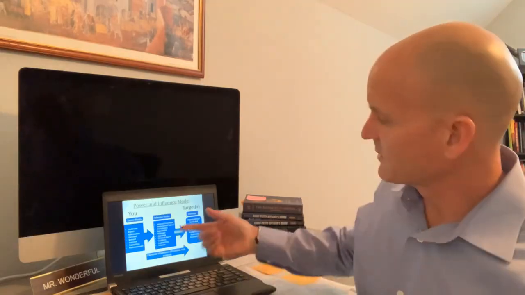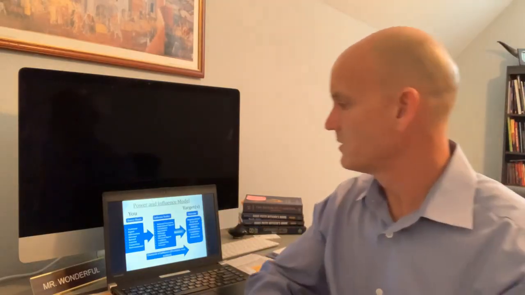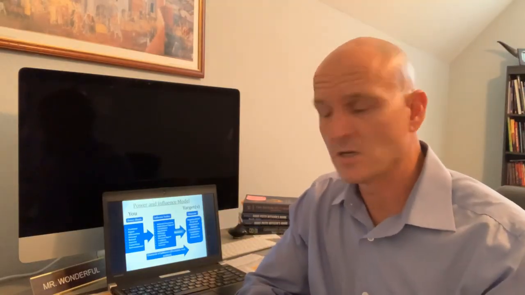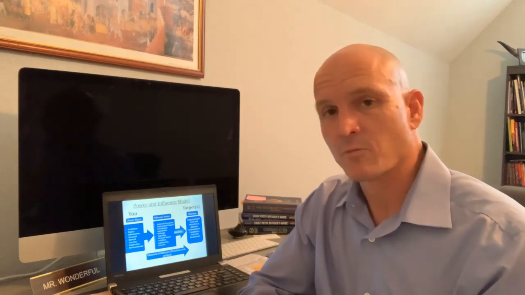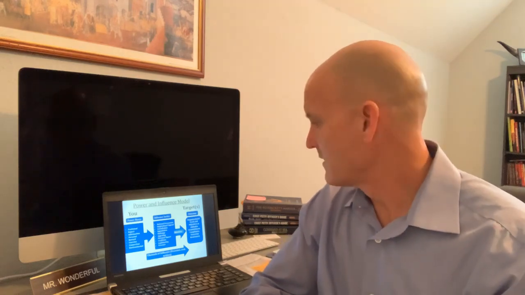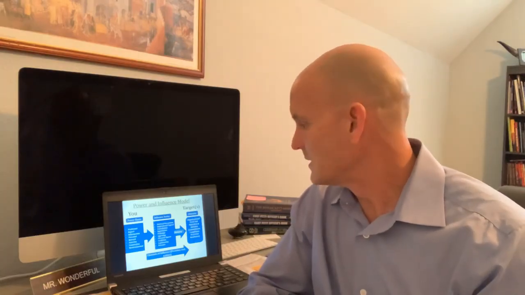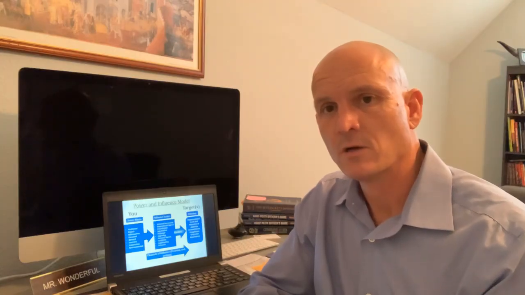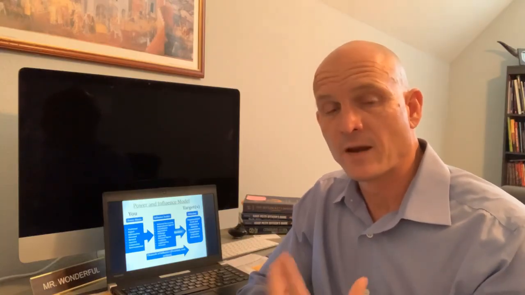So we talk about everything from rational persuasion to inspirational appeals, ingratiation, exchange, apprising appeals, and then all the way down to legitimizing tactics and pressure tactics. And once again, the book introduces you briefly to what those are, that you've got available, right? So between your power bases and your influence tactics, this is your tool bag that you've got for wielding influence, okay?